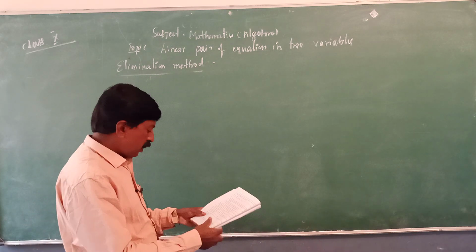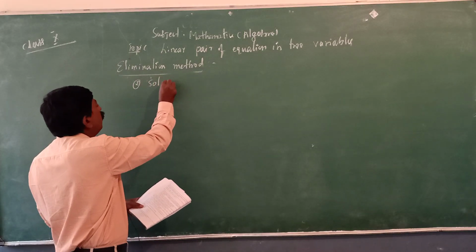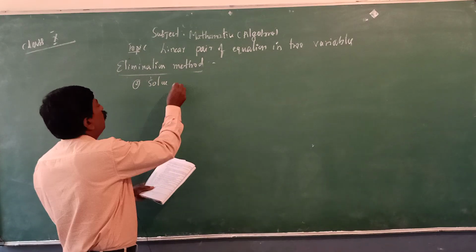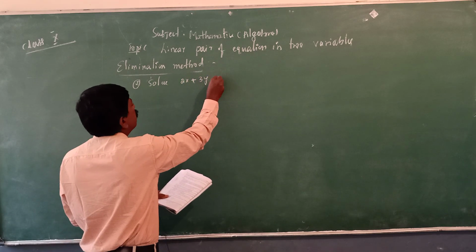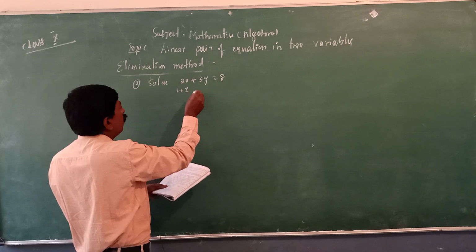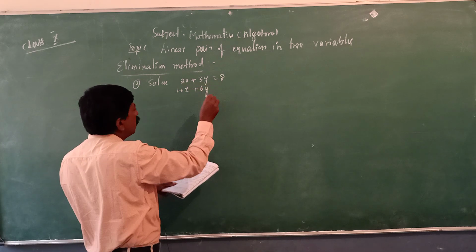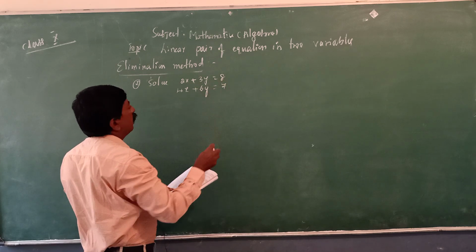Solve 2x plus 3y is equal to 8, 4x plus 6y is equal to 7.